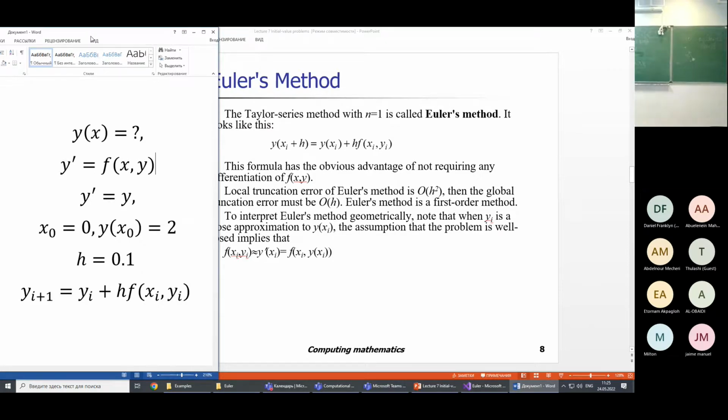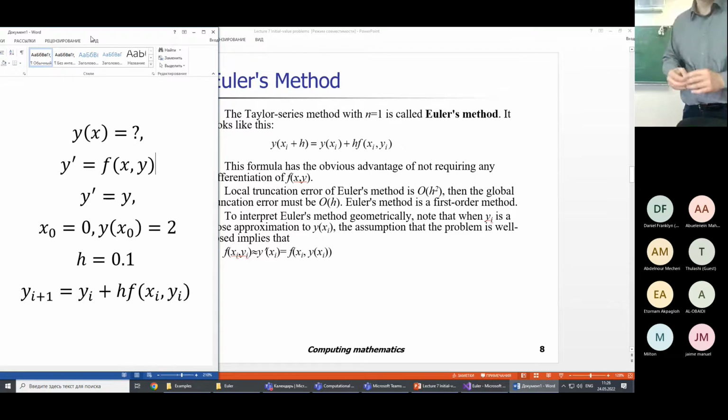I asked all of the students, including the students who connect to our meeting online, to do it, because on the exam you should solve it.